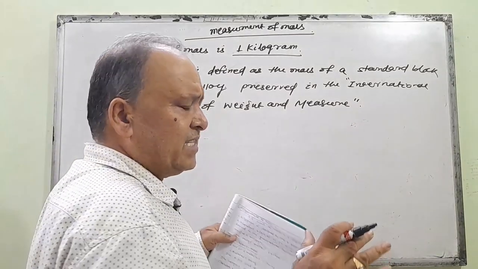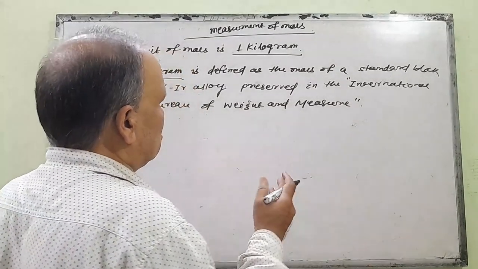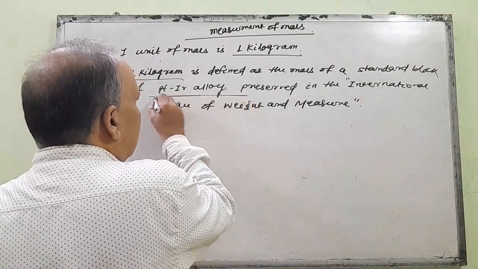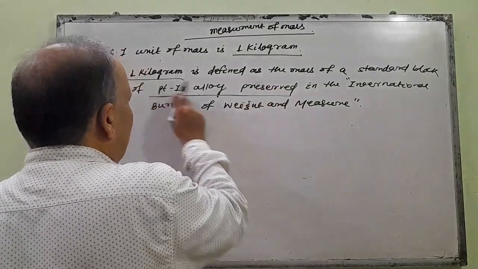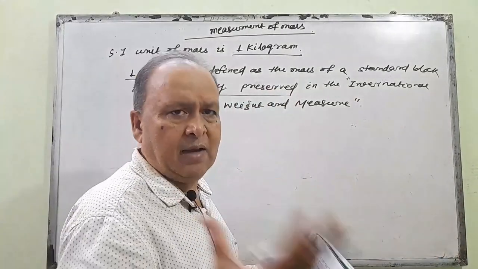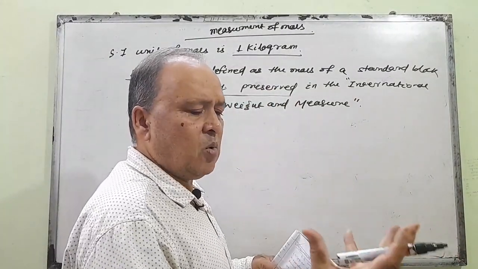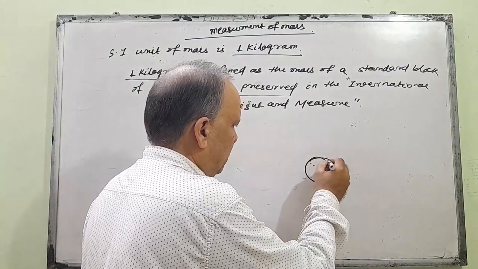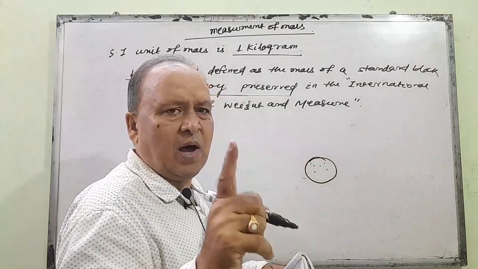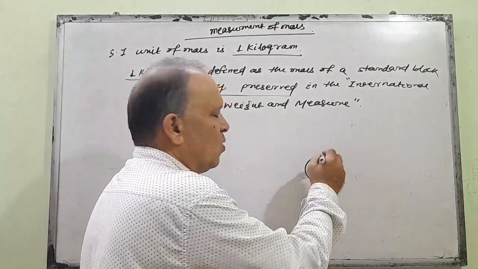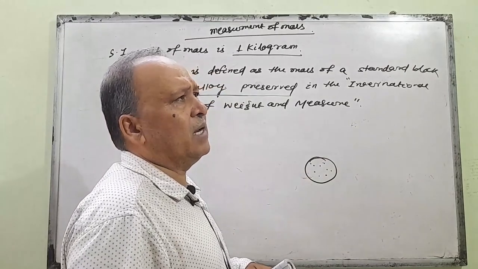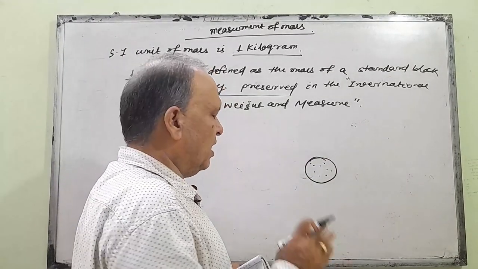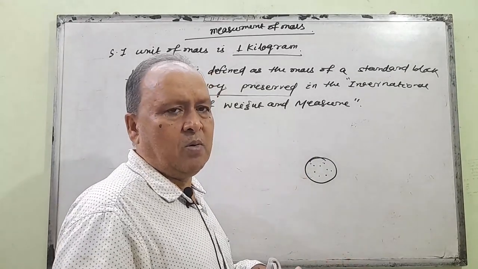all scientists united to take a standard block of platinum iridium alloy as 1 kilogram. This amount of measurement is taken as 1 kilogram. You don't say 1 kilogram is equal to 1000 gram like this, because at first the kilogram was found.